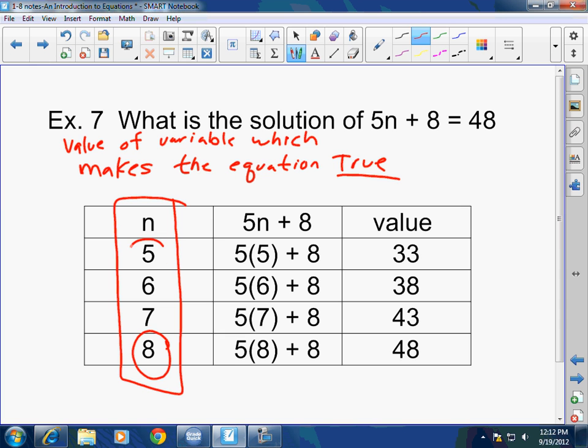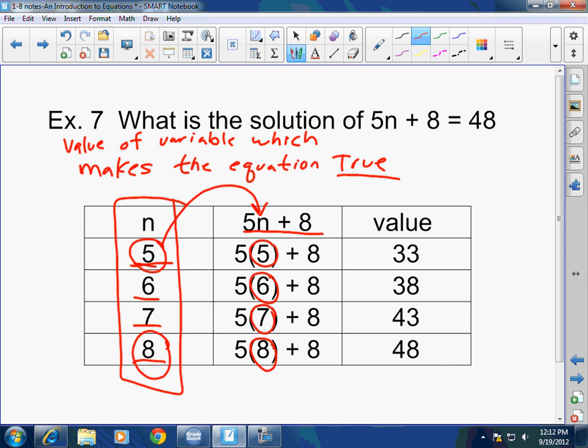Once I choose a value, I plug it in, I evaluate it into the actual equation of 5n plus 8. See, when n is 5, I plugged in a 5. When n is 6, I plugged in a 6. When n is 7, I plugged in a 7. When n is 8, I plugged in an 8. Then the value is the calculated value of the equation with the given n.